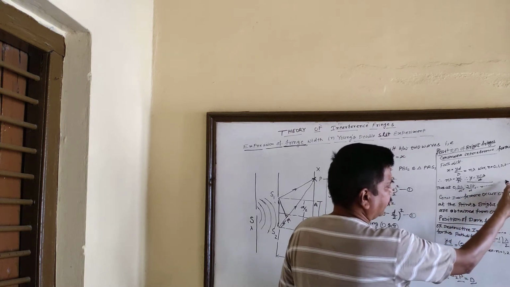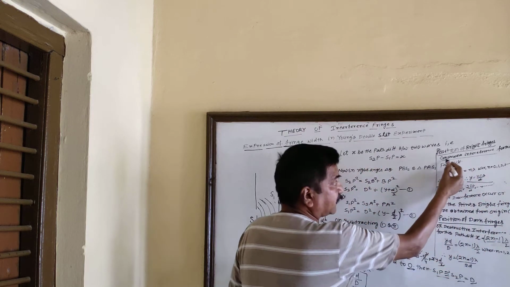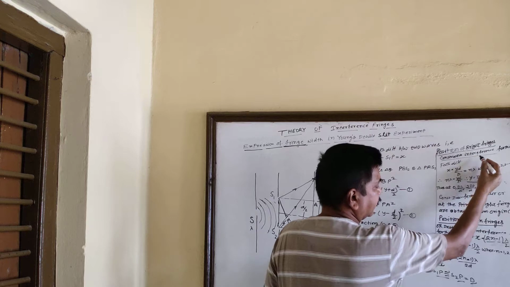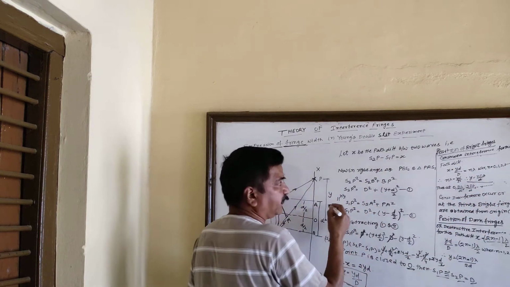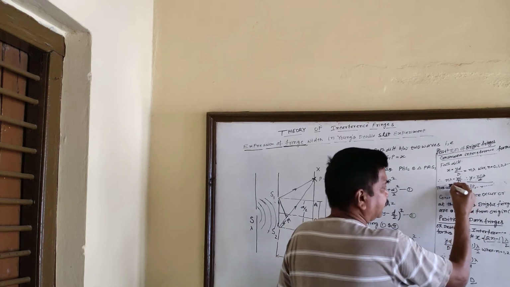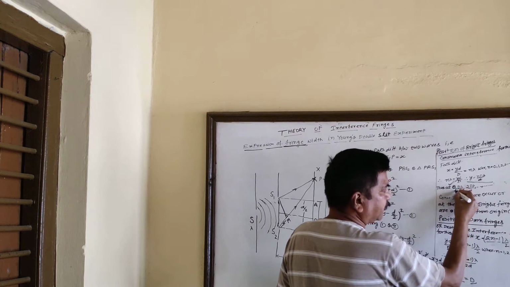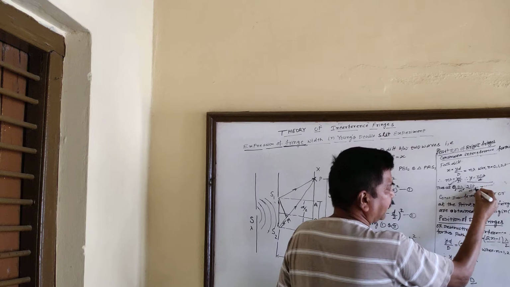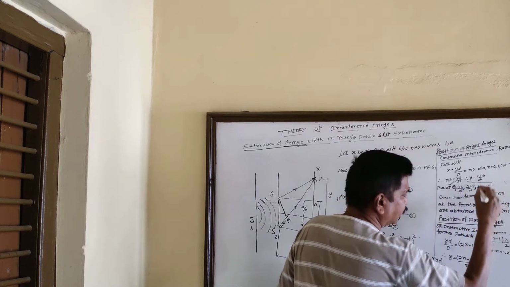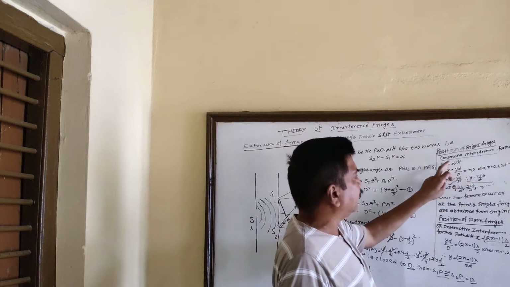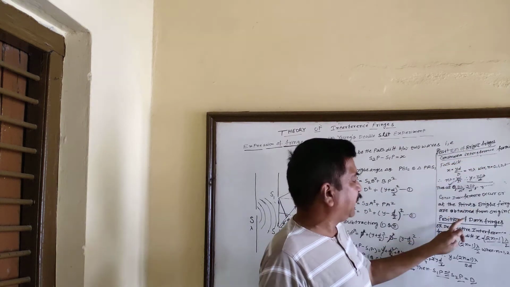At these points the constructive interference will occur and bright points will be obtained. That means 0, which is the origin, and from the origin D lambda by d, then 2D lambda by d, 3D lambda by d and so on.